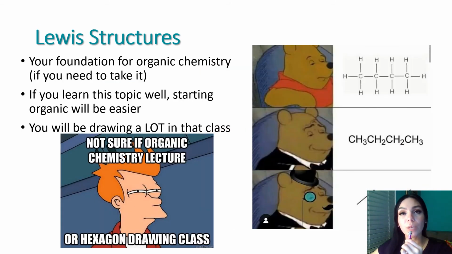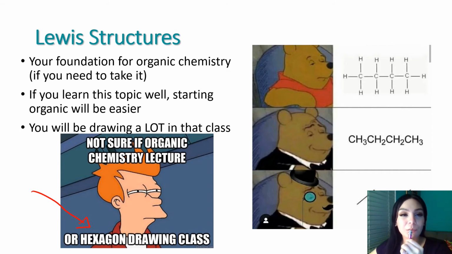So now we've talked enough about the basics, and we are finally ready to begin learning how to draw Lewis structures. So I want to point out that this will be your foundation for drawing structures in organic chemistry. You may have heard from friends, or you may have seen memes, about how there's a lot of drawing, specifically hexagons, in organic, and that is because you're drawing chemical structures.